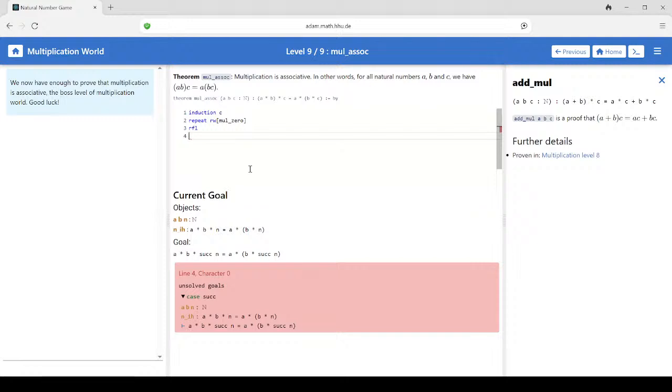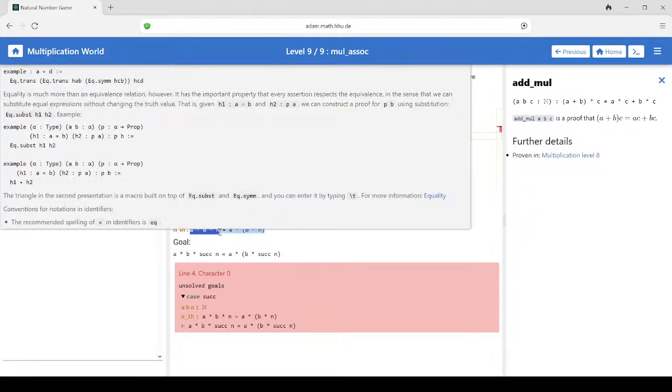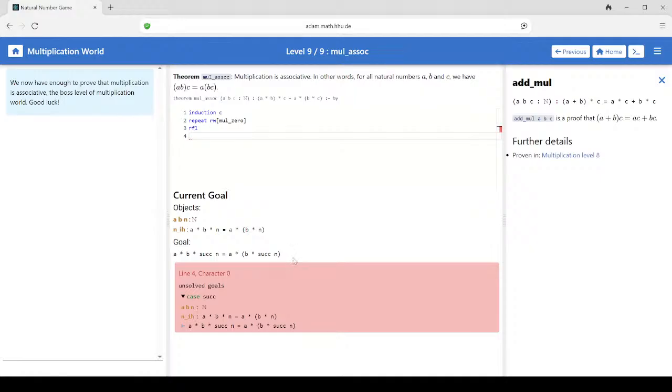What can we use? Really seems like we're supposed to do that.